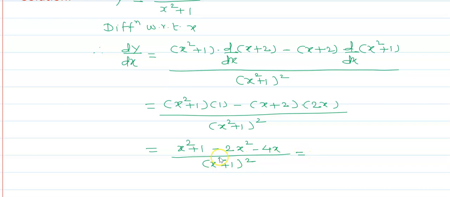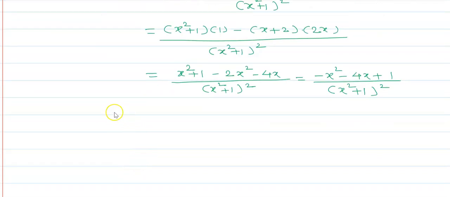Next simplification. x square minus 2x square, then you will get minus x square. Next is minus 4x plus 1. Okay, and here the denominator is x square plus 1 bracket square.